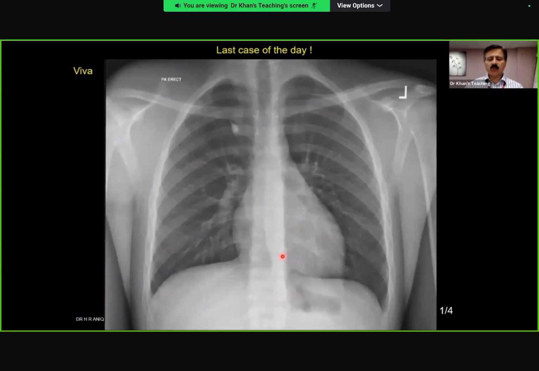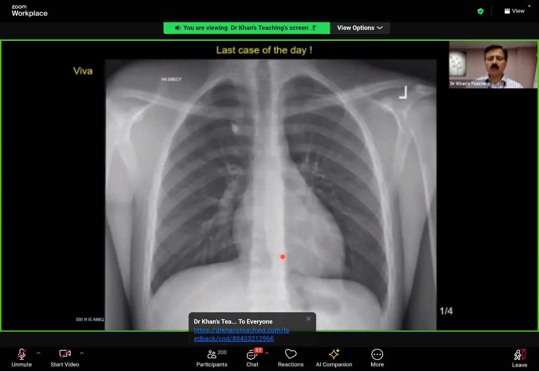And number two, if you are describing your protocol, you are thinking aloud. So the examiner is gaining something out of it and seeing your thought process. And even if you fail, the examiner might give you, let's say, 5.5. But if you keep quiet, the examiner might give you 4.